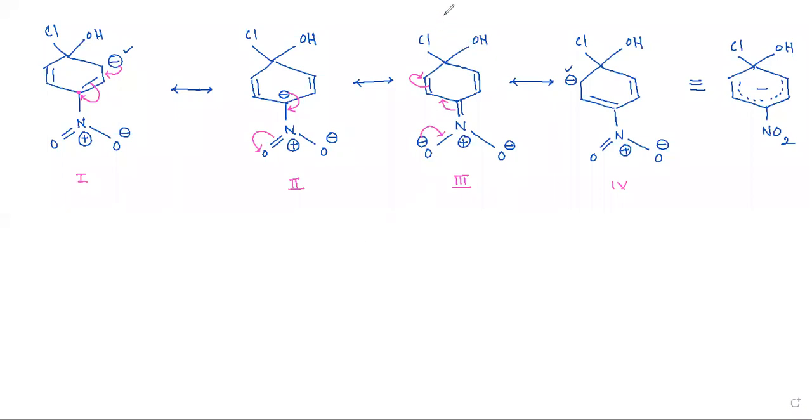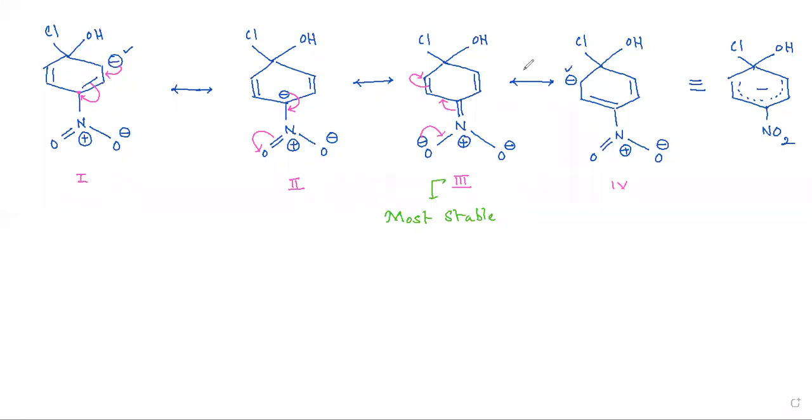You know, the third one is most stable. But why? You know, this is the only resonance structure where you got negative charge on oxygen atoms which are highly electronegative.